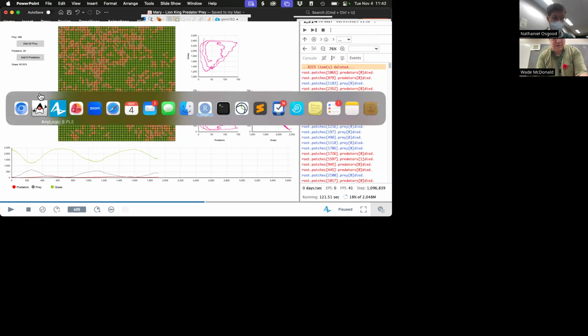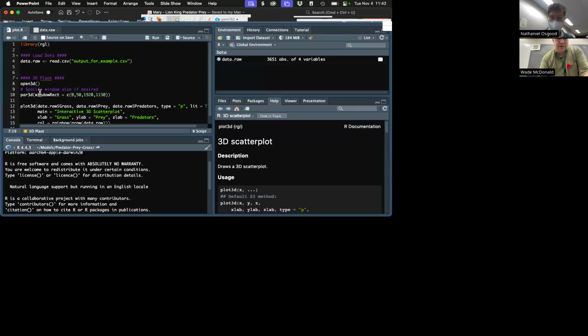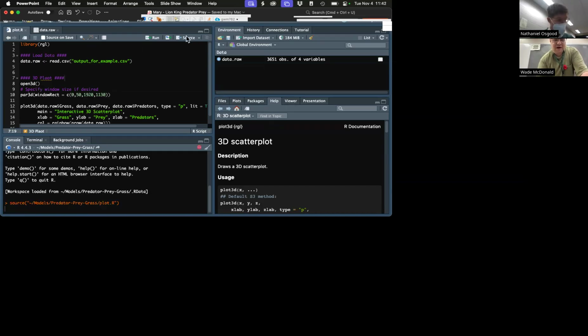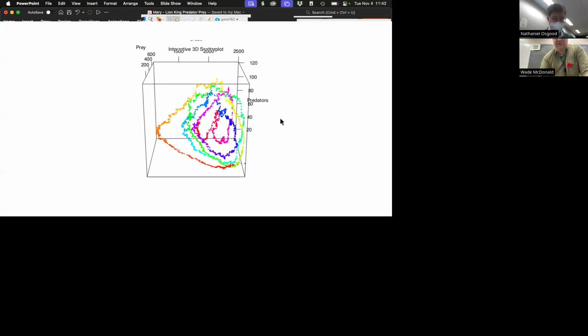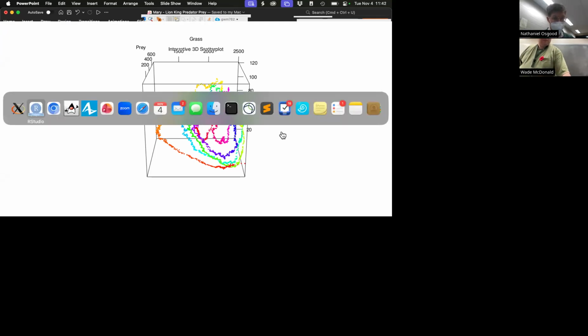So I'm going to go now from the model to, so I said we were outputting this to a text file. And I did that with malice aforethought.